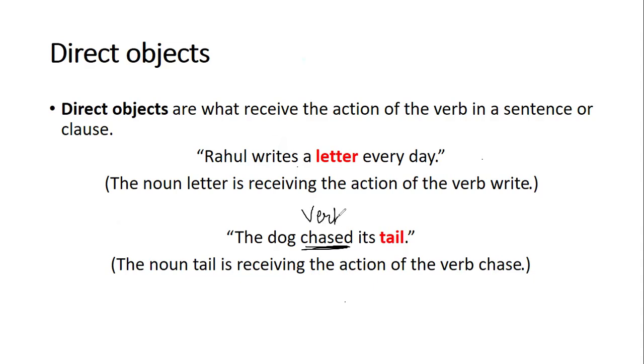This is the action that our dog is doing. Chased. And another noun, name, place, animal, thing. It is the tail of an animal, the dog.